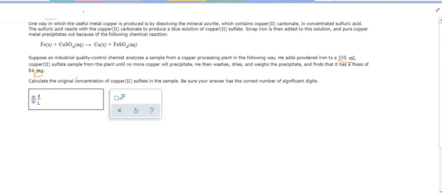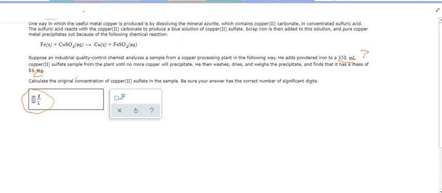Worry about the sig figs. I really only have two pieces of quantitative information: 84 milligrams, and some volume that I'm going to have to deal with. And the units are going to have to be in grams per liter. This is already in milliliters, so let's just convert it into liters.